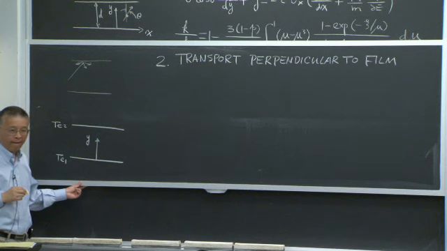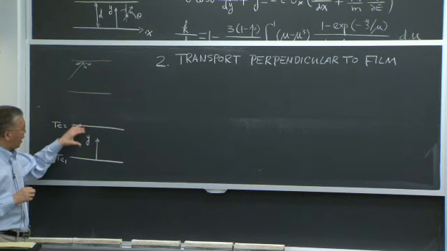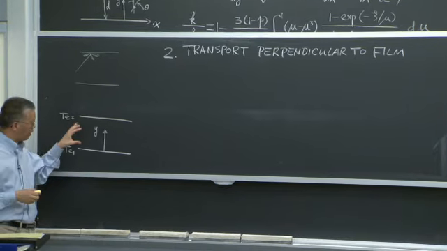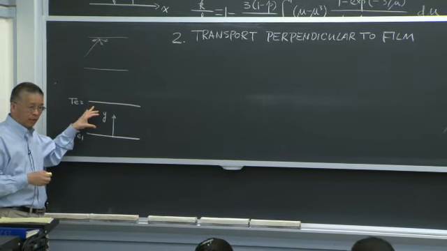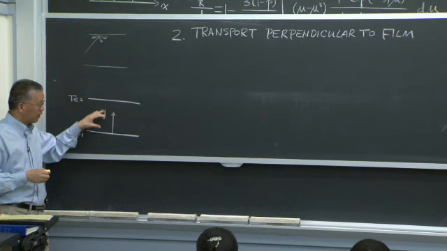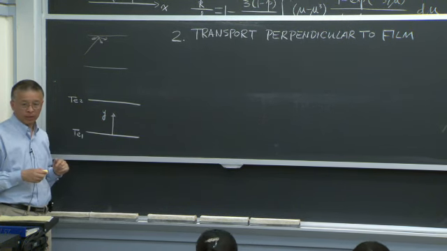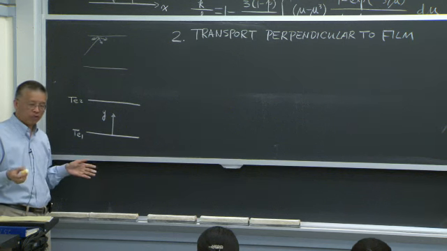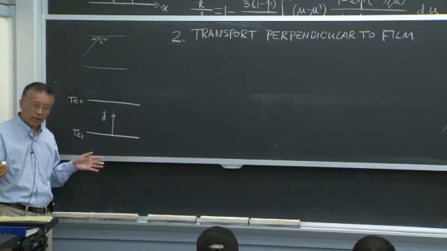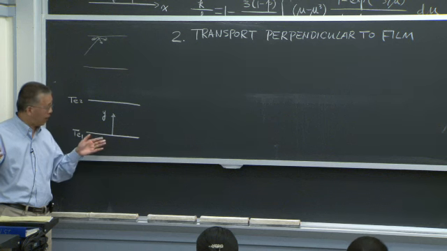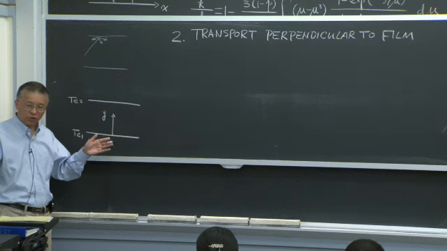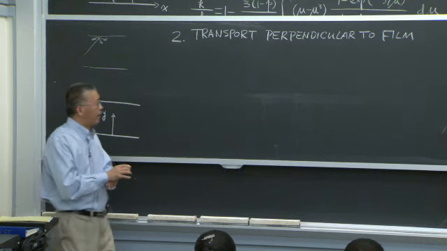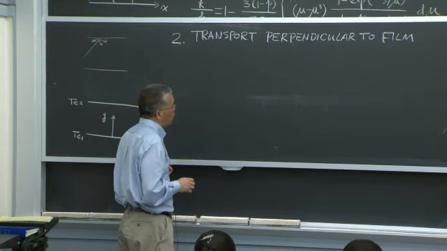And again, the mean free path could be longer than the film thickness. And then what's my effective thermal conductivity? And you can ask the same question, what's my electrical conductivity? And there are also solutions for radiation, photon transport. All those are under the same equation.